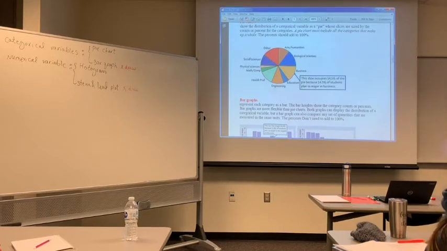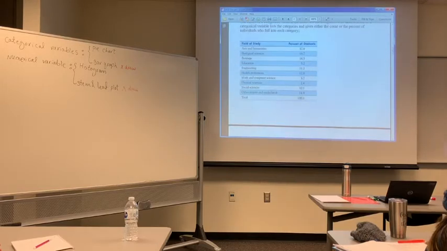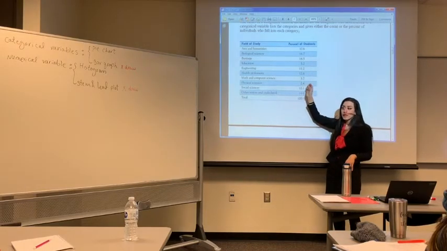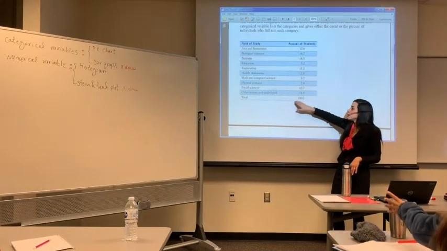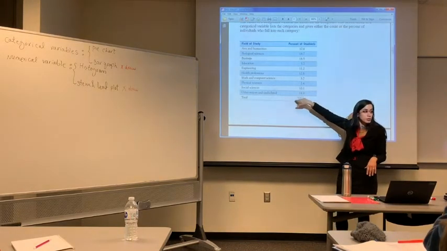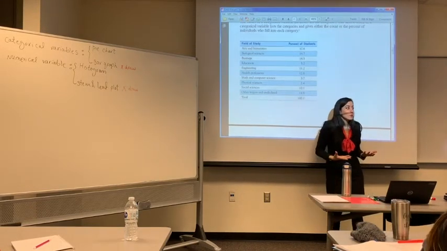First of all, let's go back to this to see what happens. All these percent of a student, these are percentages, correct? So if you add them all, the total percent of a student should add up to 100%. It should add up to 100%. Otherwise, you cannot have a pie chart.